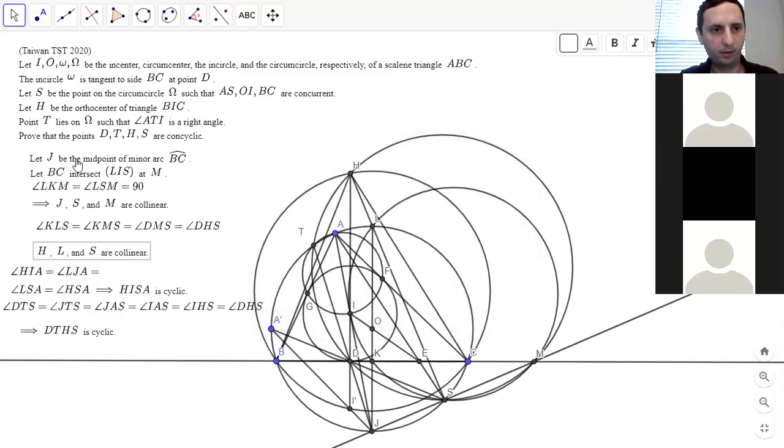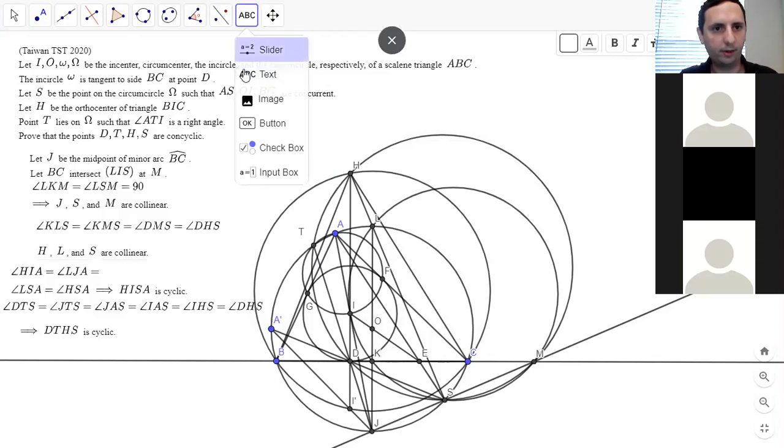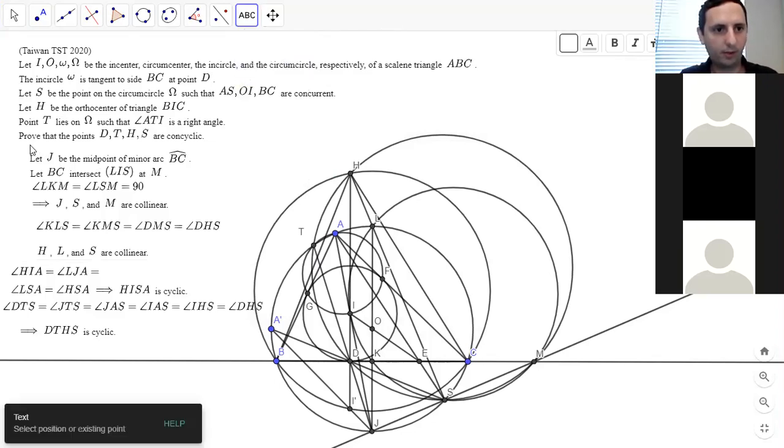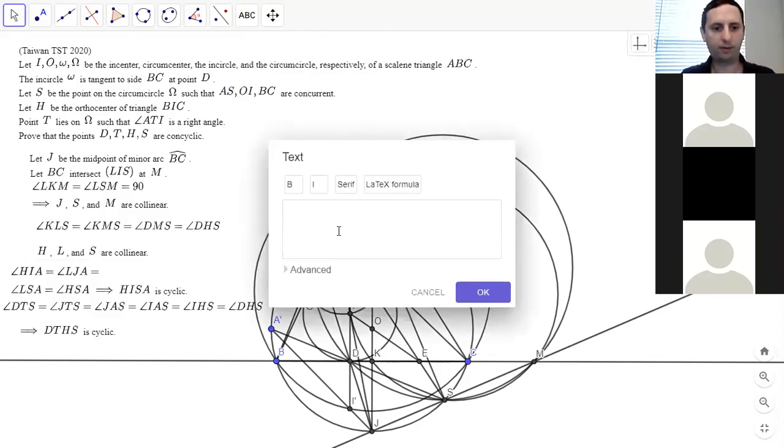So let me add another line here. So let L be the midpoint of arc BAC.